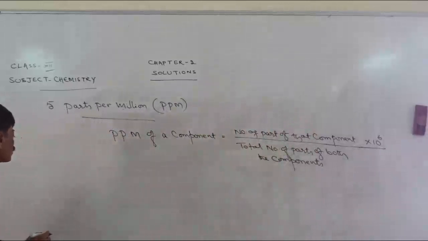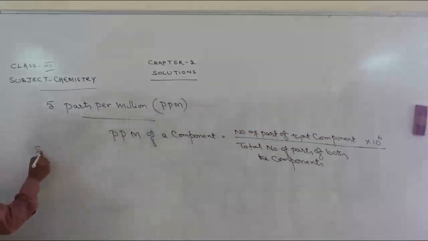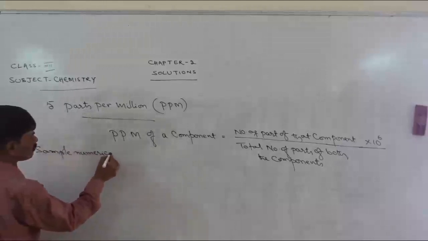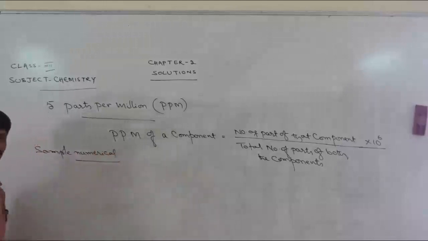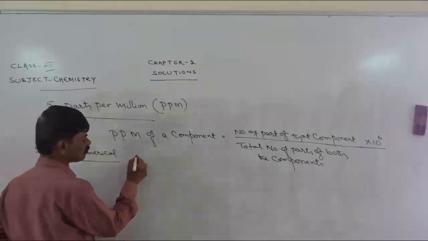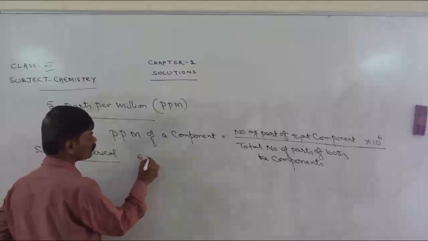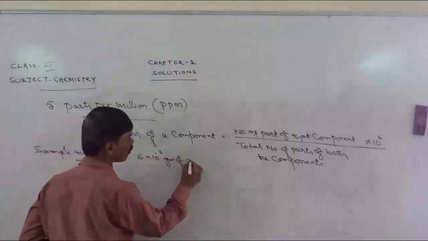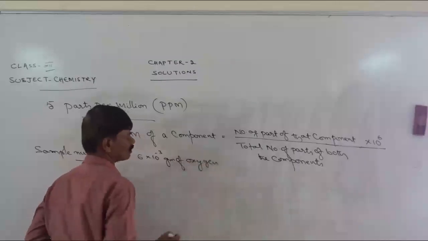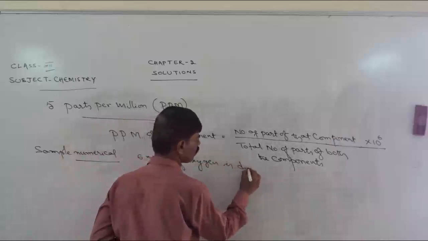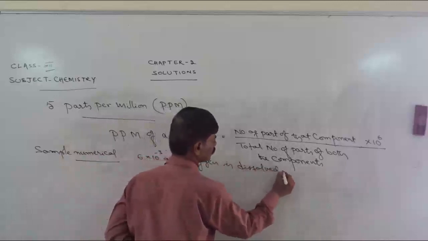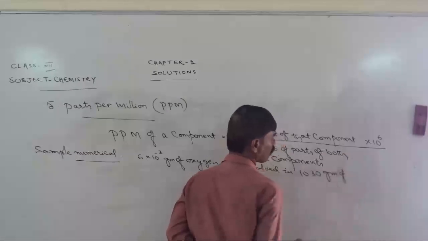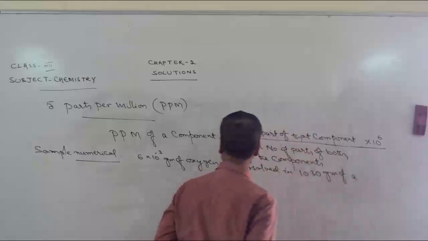Now let us see one sample numerical over this. 6 into 10 raised to minus 3 grams of oxygen is dissolved in 1030 grams of a binary solution.